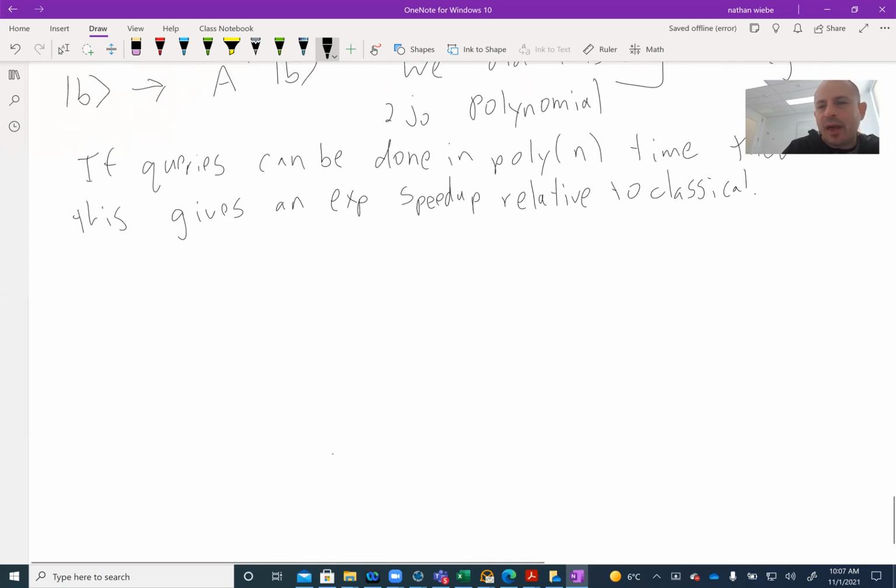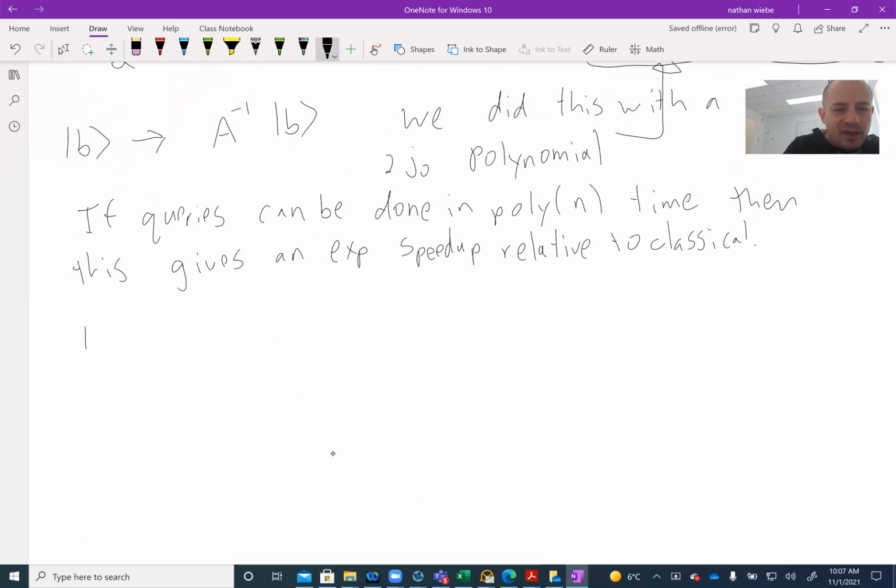And furthermore, I'd recommend taking a look at the original paper. It uses a very different approach to solving the quantum linear systems algorithm. It goes through Hamiltonian simulation as an intermediate idea.